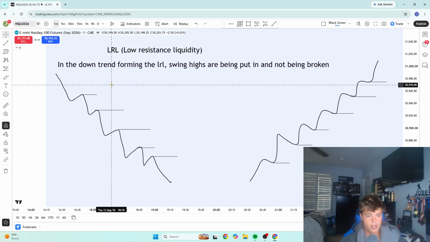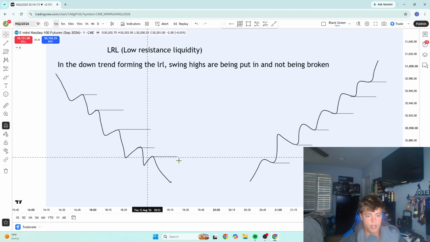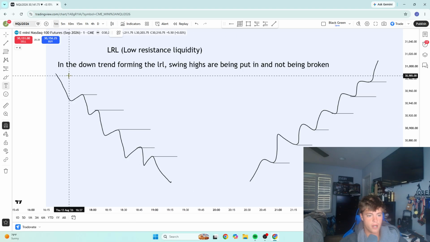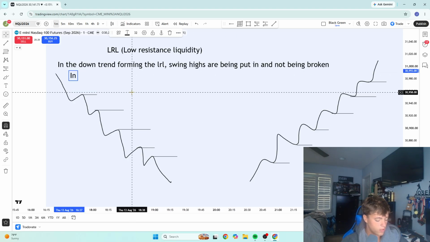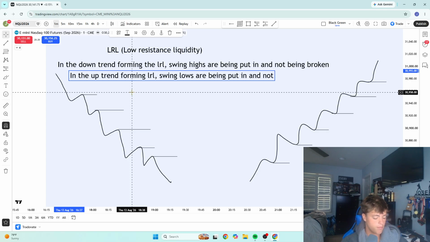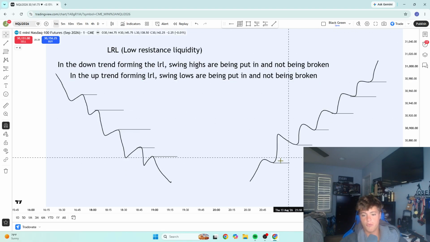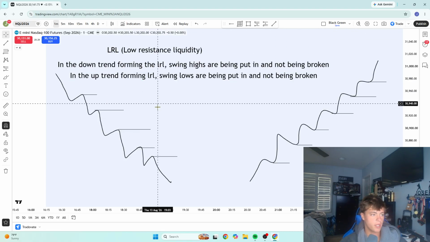So see, in the downtrend, swing highs are getting put in and they're not getting broken. Now, in the uptrend, forming LRL, swing lows are being put in and not being broken. As you can see, uptrend, swing low, swing low, swing low, they're not getting broken.